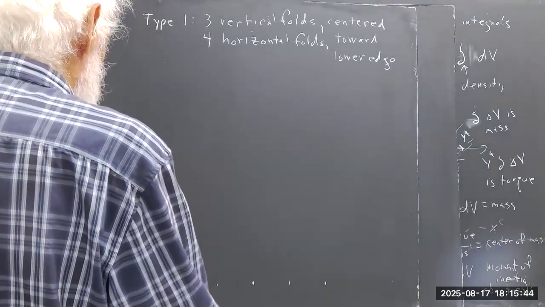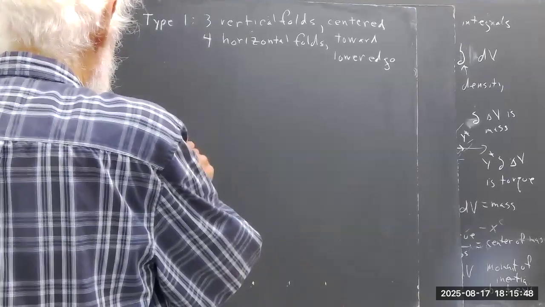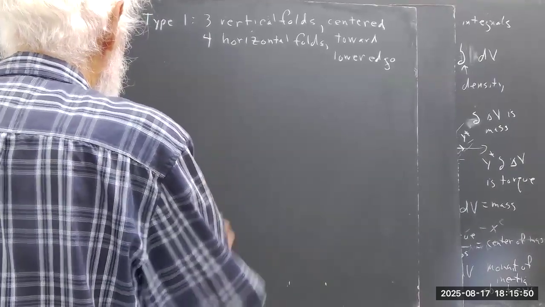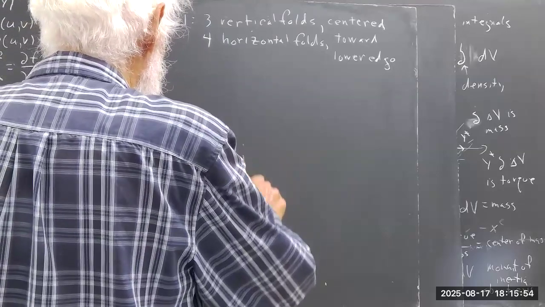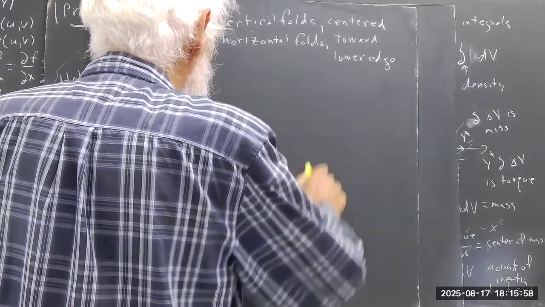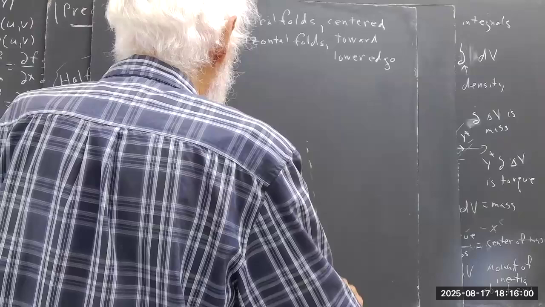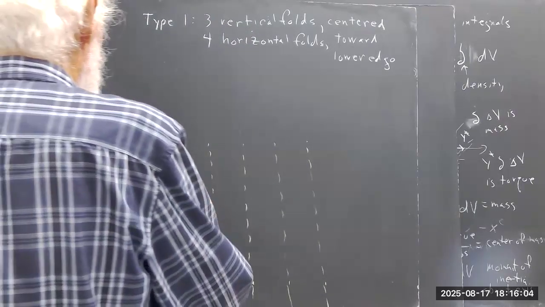Anyhow, okay, now through each of these dots, I'm going to draw a vertical line. And then through each of these dots, I'm going to draw a horizontal line.